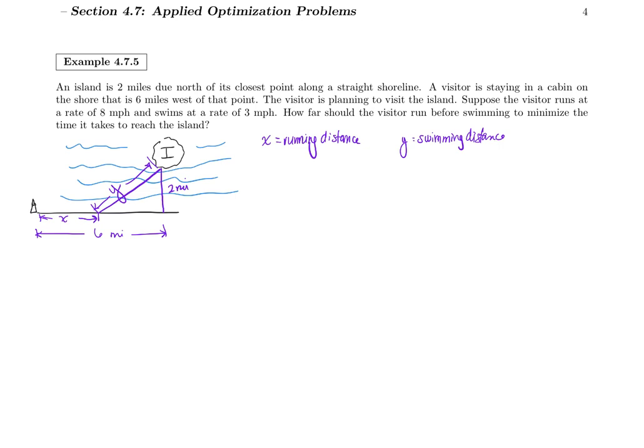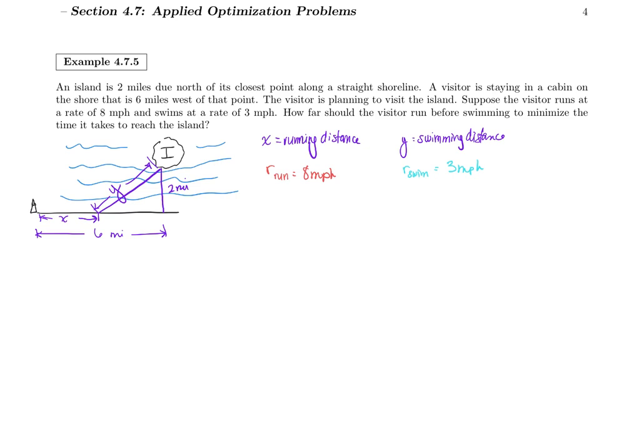Then we can also say that the rate at which our visitor swims is 3 miles per hour. And the rate at which our visitor runs is 8 miles per hour. That's pretty fast.